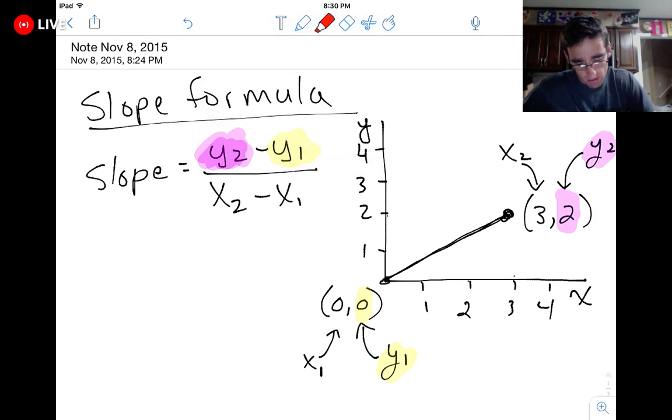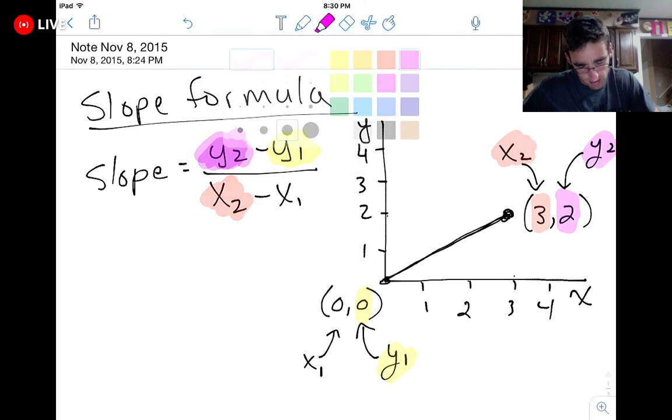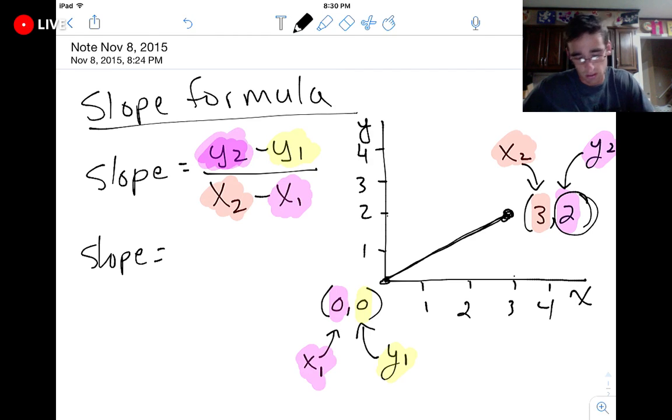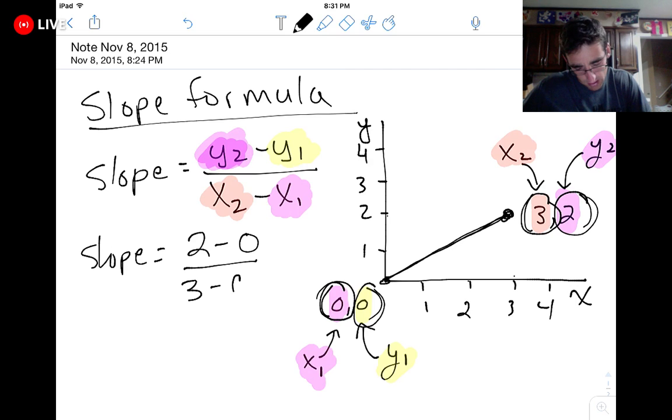Now I've also got x2, which is the same as this x2, which is just 3. And x1, which is the same as this x1, which is just 0. So now I can just plug my numbers in. Slope is equal to y2 is 2, y1 is 0, x2 is 3, and x1 is 0.